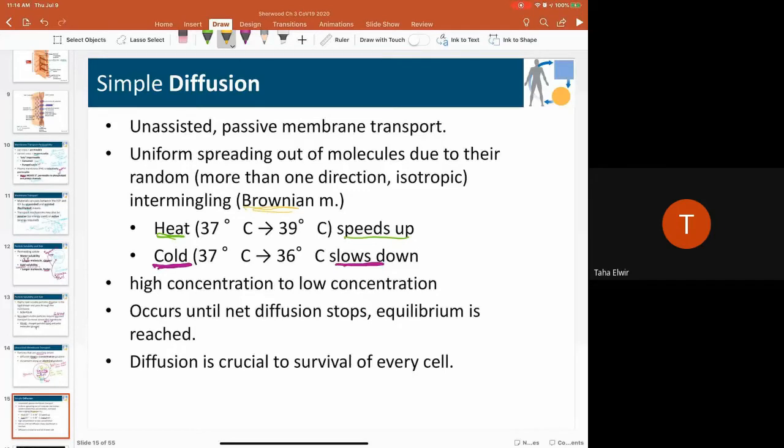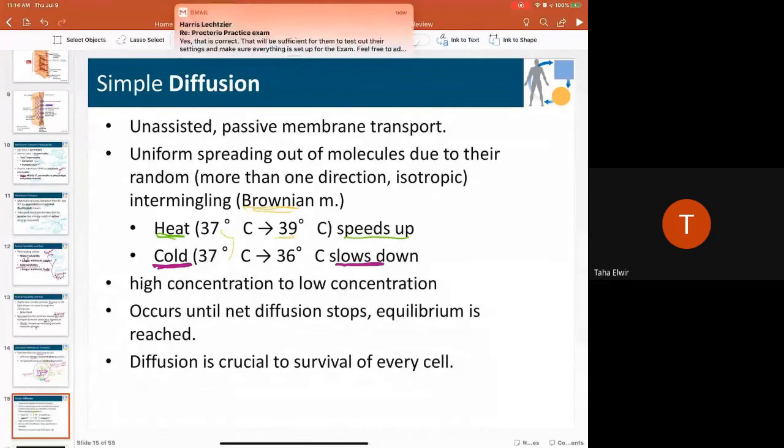Something getting colder contracts and slows down the motion. Normal body temperature, 37 degrees. Above 39, things start to speed up.